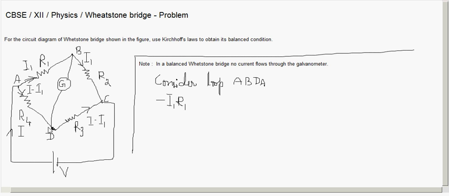And then we have I minus I1, so according to the sign convention it is plus I minus I1 into R4, equal to 0. Or I1 R1 equal to I minus I1 into R4.